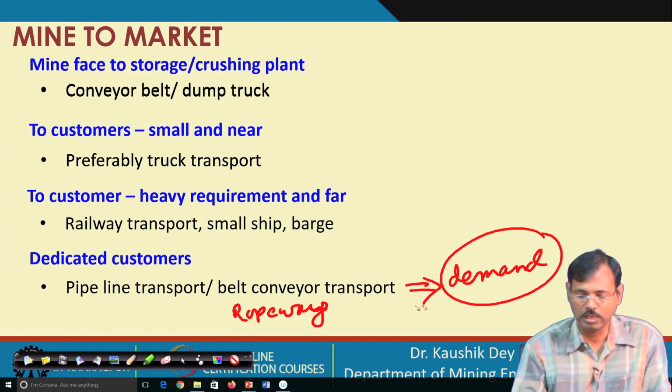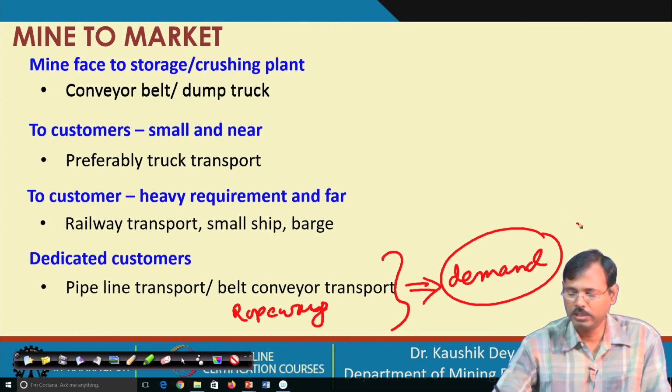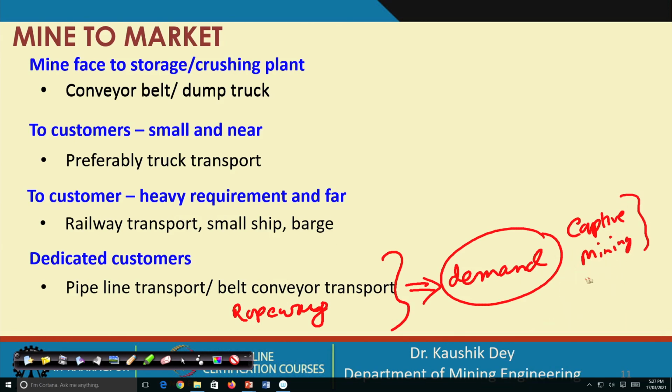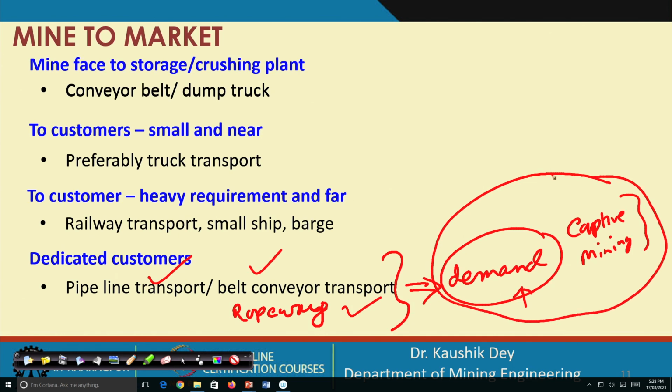These transportation systems are followed where captive mining is generally carried out. That means the production point is fixed, the destination point is fixed, and the demand is also fixed, because there is no change in the capacity of the belt conveyor system, slurry pipeline system or ropeway system. As there are no changes, in those cases these systems are utilized.